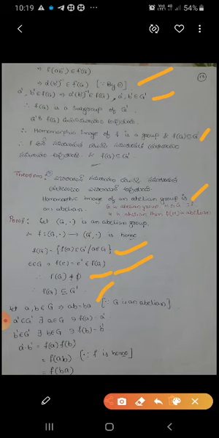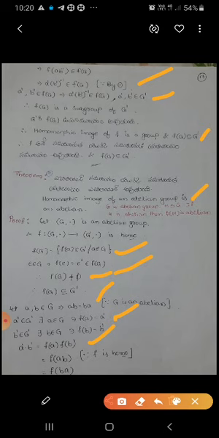So a' belongs to G', there exists a belongs to G such that f(a) equals a'. b' belongs to G', there exists b belongs to G such that f(b) equals b'. So next we can consider a', b'. a' is f(a), b' is f(b). f(a) into f(b) equals f(ab).